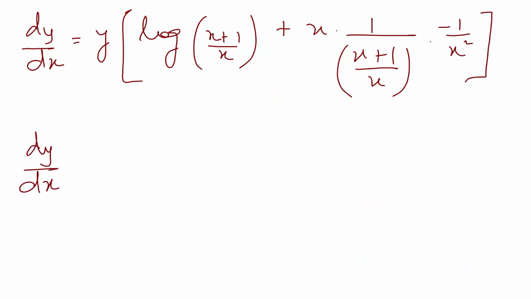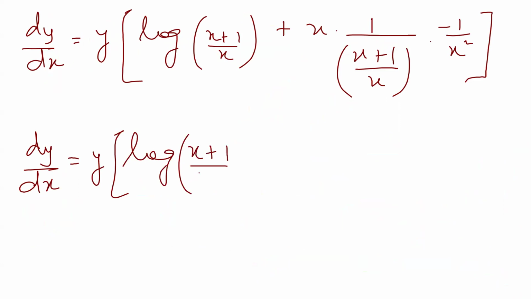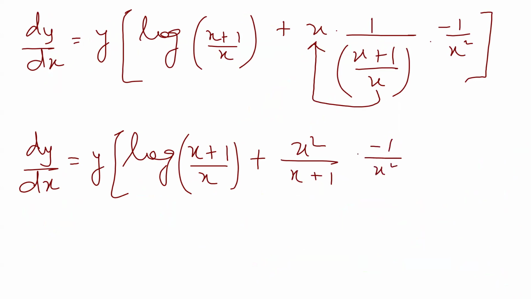So dy by dx is equal to y into log x plus 1 upon x plus, now this term will go up, denominator will become numerator, x square upon x plus 1, minus 1 upon x square. So x square is getting cancelled.